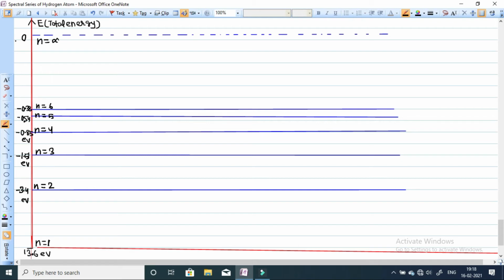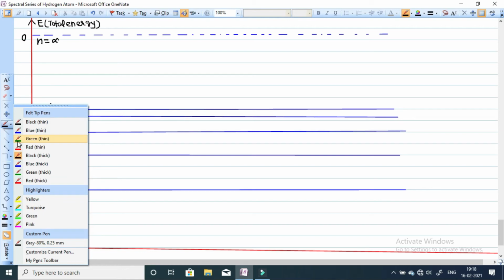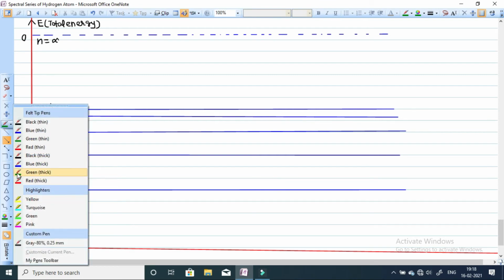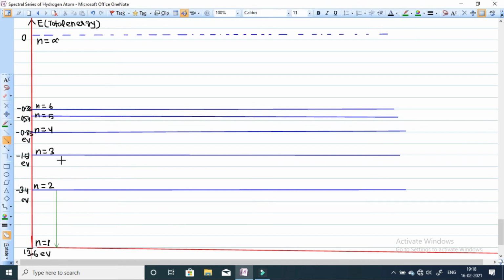Now we can represent the series also. Lyman series, Balmer series, everyone knows about this. Suppose an electron is making a transition from n is equal to 2 to n is equal to 1.